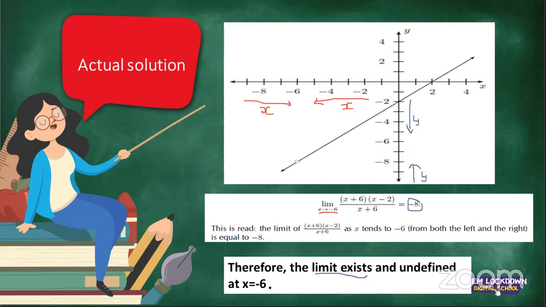At x equals -6, there's no exact value of y when you substitute -6.